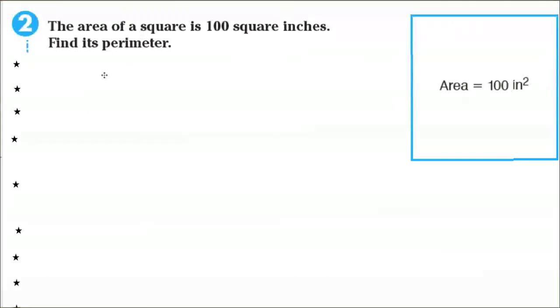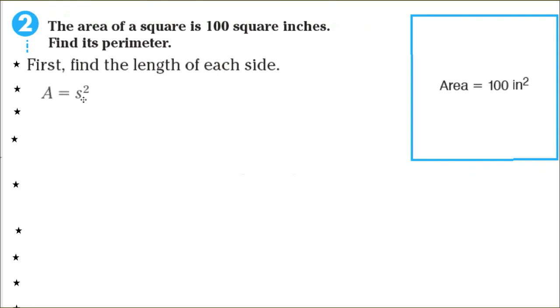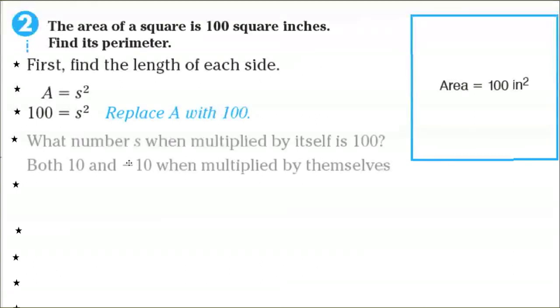Okay, so we start off with the length of each side. So how do we find the length of each side? We know that the area is 100 square inches, and we also know that area of a square equals s squared. So that means that if area is 100, we simply substitute the 100 into A equals s squared. What numbers s, when multiplied by itself, give you 100?